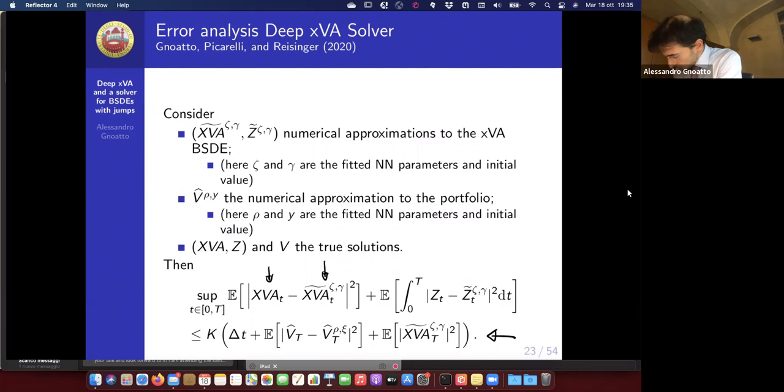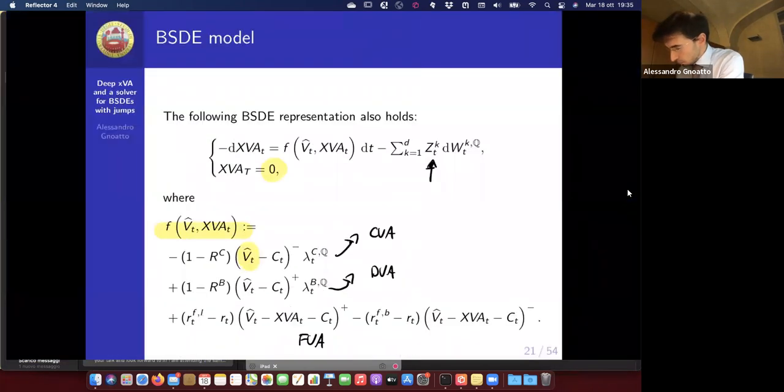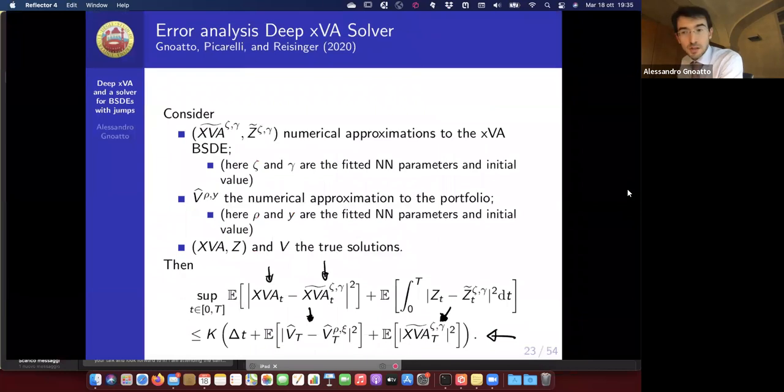You see that I have here the distance between the true mark-to-market and the approximated mark-to-market, and then this final term here, which depends on xVA tilde capital T. And there is no other term here because the terminal condition of the exact BSDE is 0. So you have a terminal condition which is 0, and this is why you have the appearance here of the final term.